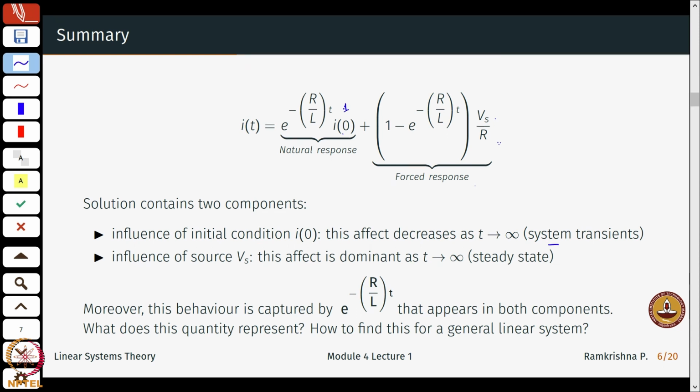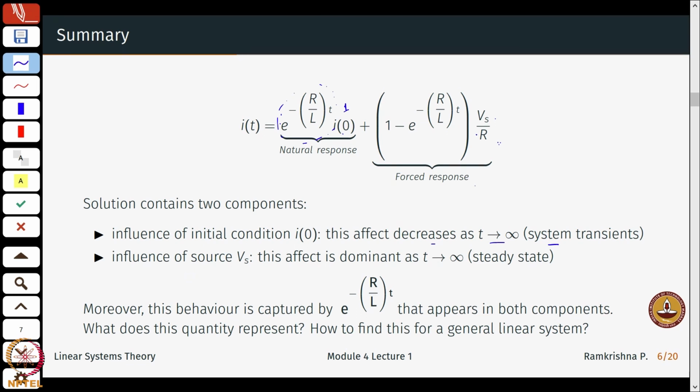As time progresses, what we see is that the effect of this term asymptotically goes to 0. As t becomes very large, this natural response term goes closer and closer to 0. Of course, I am talking of stable systems here. So, the effect decreases as time progresses; this is part of the system transients.